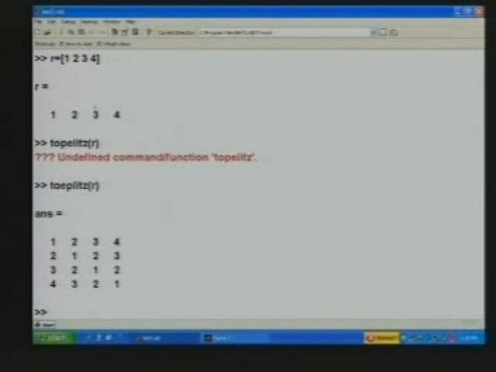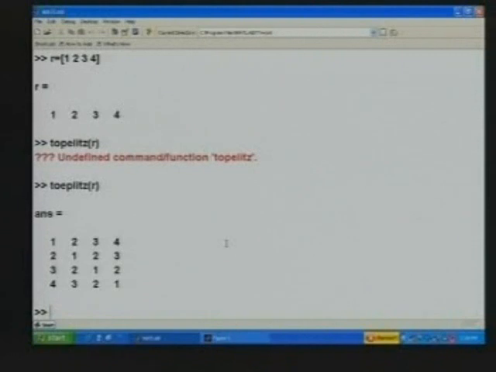In the next block, it will eliminate this 4 and take 1, 2, 3. In the next, it will eliminate 3, so 1, 2. Then in the next, it will eliminate this. You will construct it like this. So this is the Toeplitz matrix.